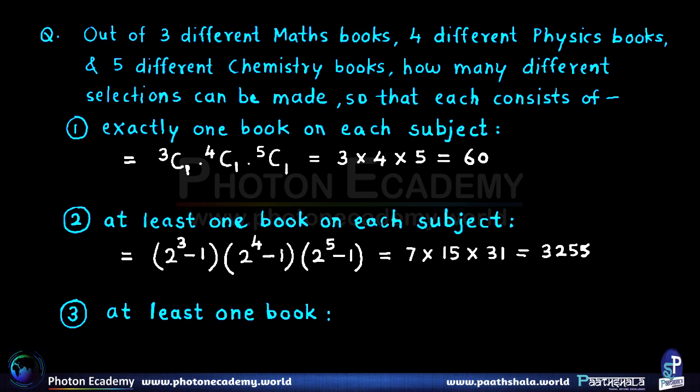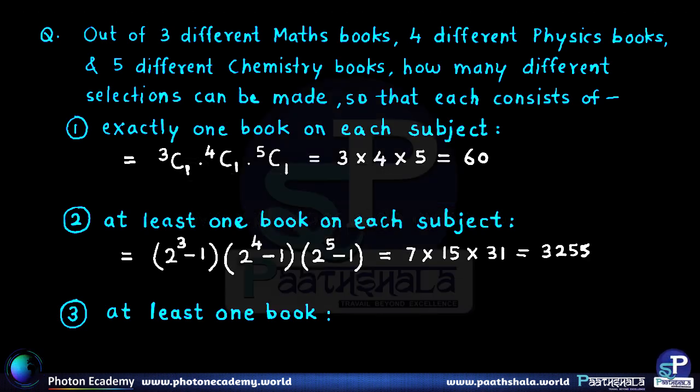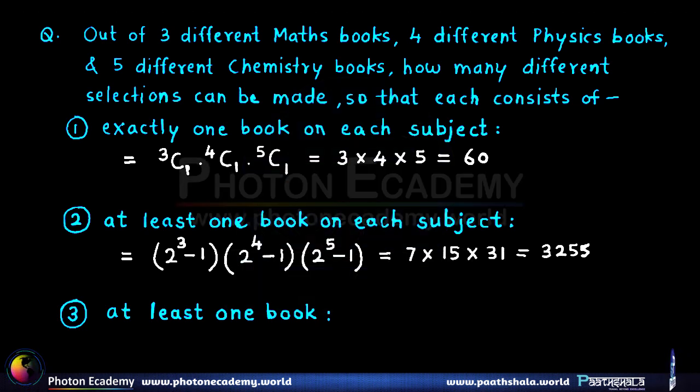Now let's see the last sub question, which is saying we have to select at least one book in general. So now here the subject is not mentioned as such. So if we are not distinguishing between the subjects, we can just think of the entire collection as the set of nothing but 3 plus 4 plus 5, which is nothing but 12 books.